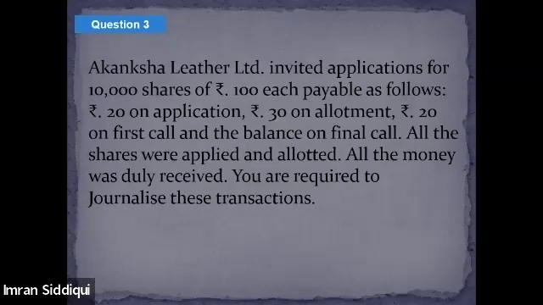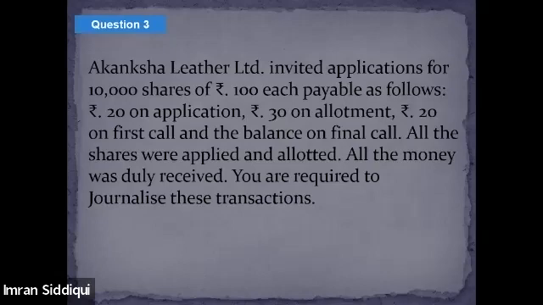The question is just telling us that 10,000 shares were issued by the company having a face value of 100 each. But the company has decided to raise this fund not on a lump sum basis. The company has decided to raise this 100 rupees per share in four installments.